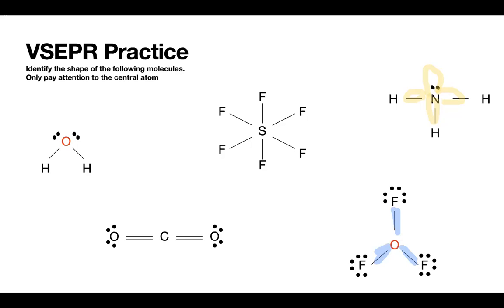How many lone pairs? 0. 0 lone pairs. So what do we call that? Trigonal planar, I think. So trigonal planar would be this molecule right here. And that is all of the practice ones.